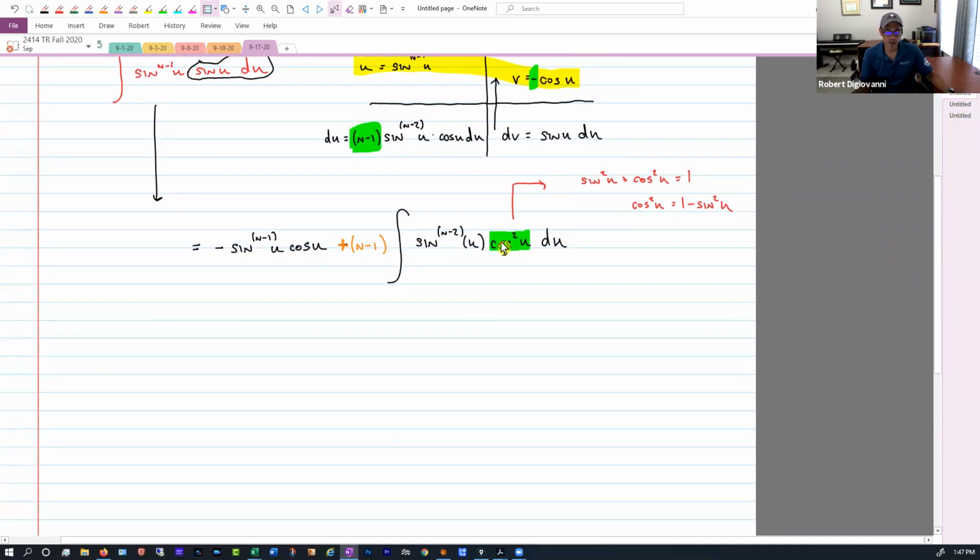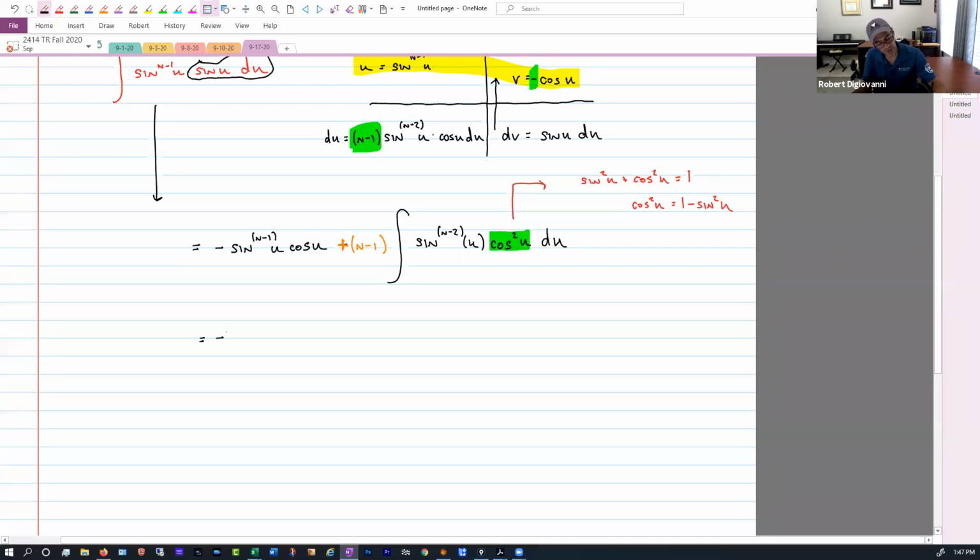Okay, so this part in yellow, cosine squared u. Going to go back to the good old Pythagorean identity. Sine squared u plus cosine squared u equals 1. Going to solve it for cosine squared u, so I'm going to subtract sine squared u on both sides. So I'm going to replace cosine squared u with 1 minus sine squared u. Let's do that.